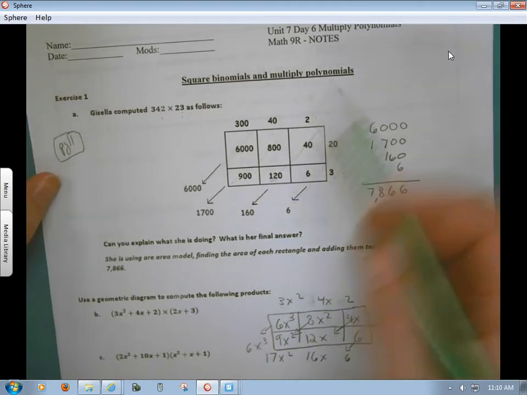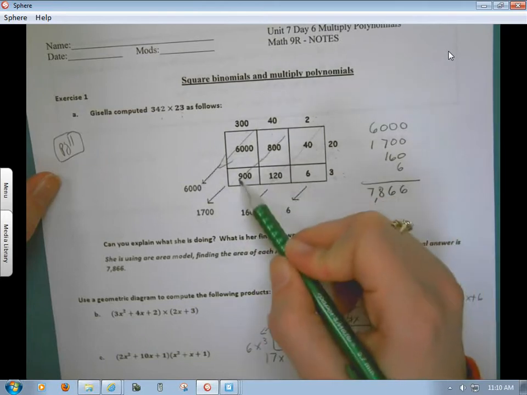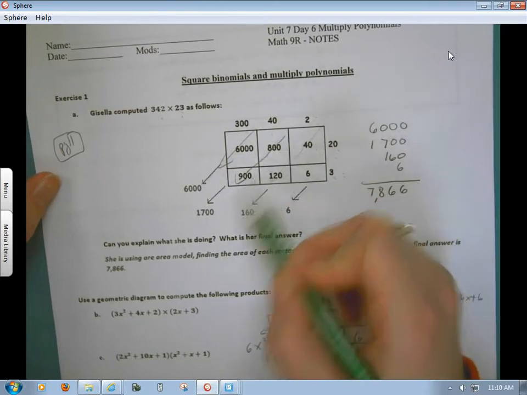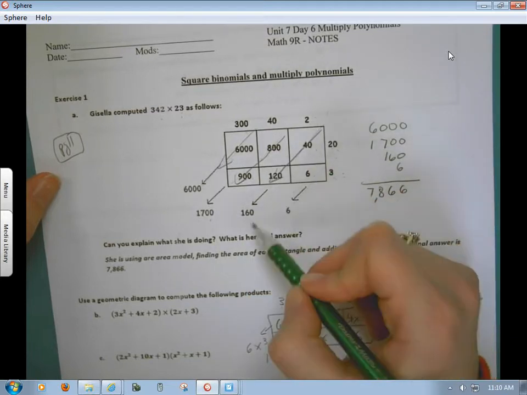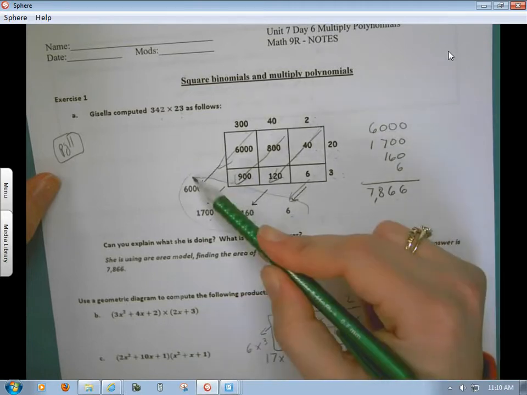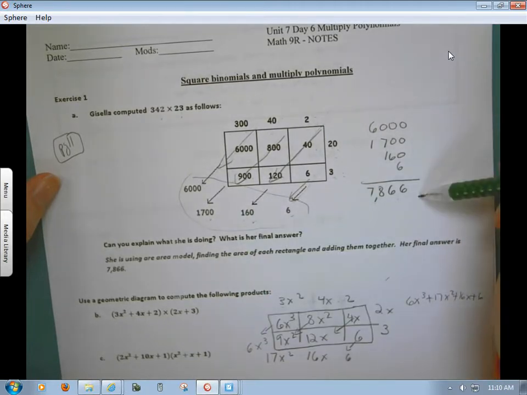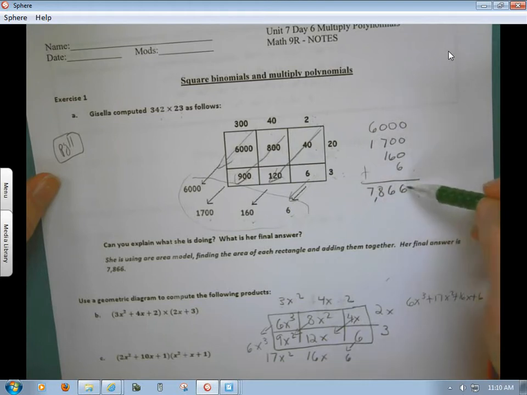Then you combine on the diagonal. 6,000 comes down. Then on the diagonal, combine these: 800 plus 900 is 1,700. Then 40 plus 120 is 160. And then 6. So you take all of these numbers and combine them to be your answer. 6,000, 1,700, 160, and 6 all add up to 7,866.